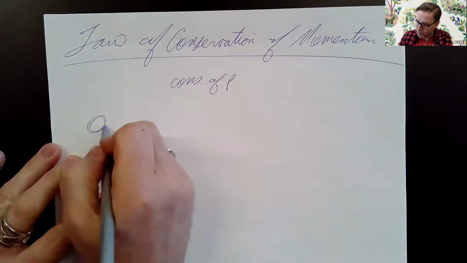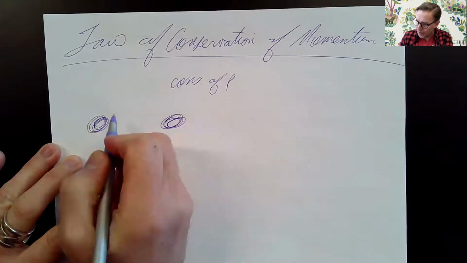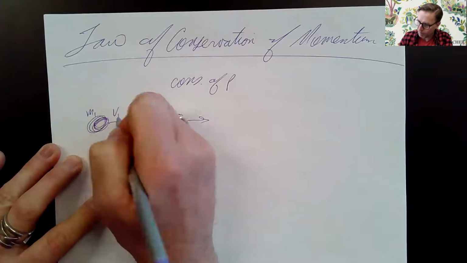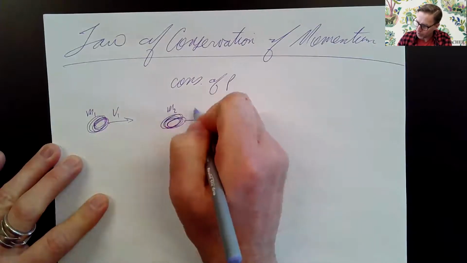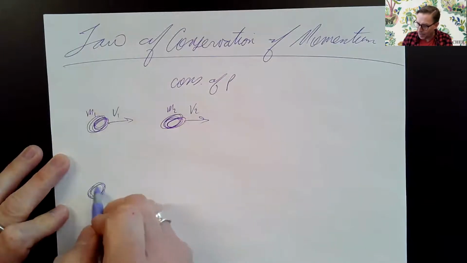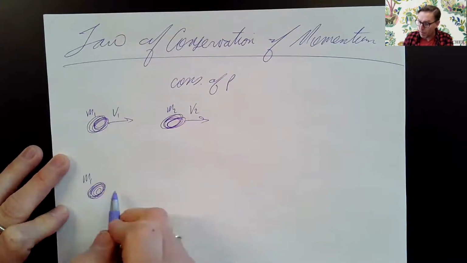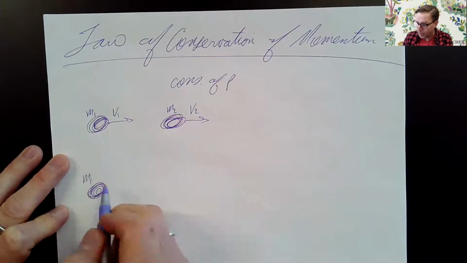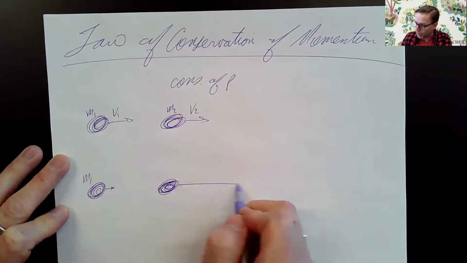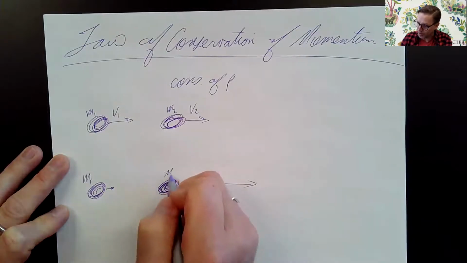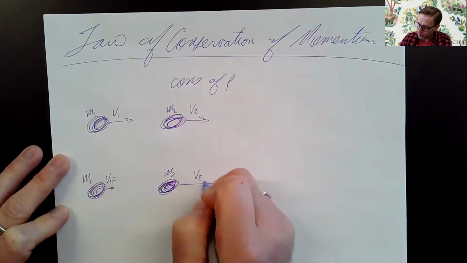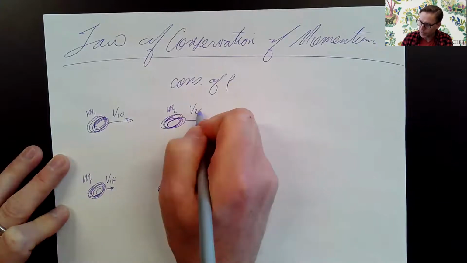So I could have two objects, and they might have velocities before, m1, v1, m2, v2, and they might interact or collide. Then this object still has mass m1, but maybe after it catches up to this one, it's going to be going slower afterwards. And maybe this one after the collision is going faster afterwards. This is still m2, but this would be v1 final, v2 final. These were the initial velocities.